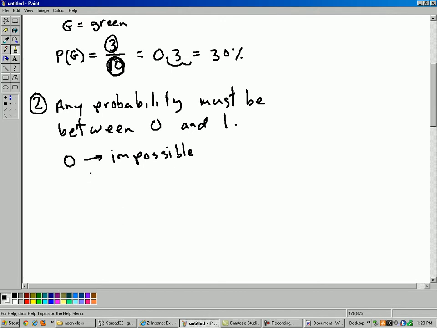I would say that probability is equal to 0. If you get a 1, that means it's guaranteed to happen. It will happen for sure, whatever that event is. What is the probability that the sun rises tomorrow? Well, that probability would be equal to 1. Okay, so that's rule number 2.